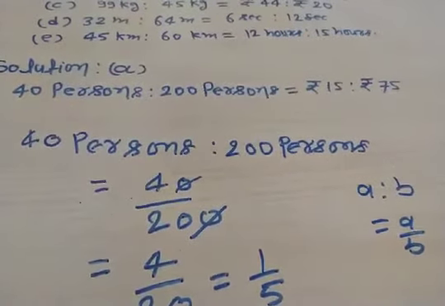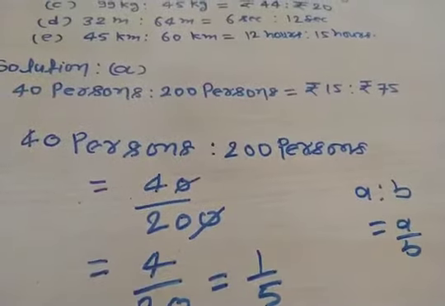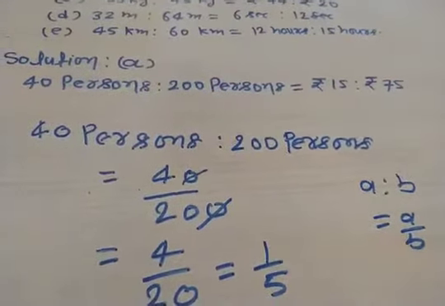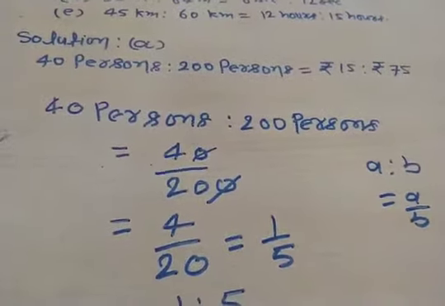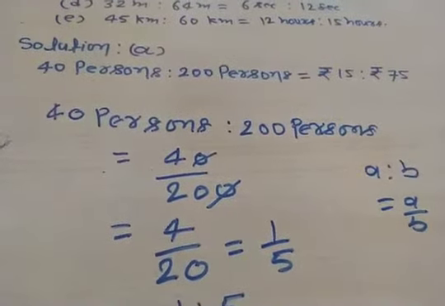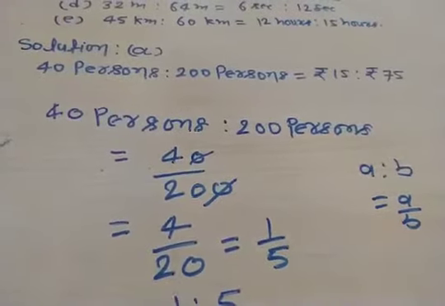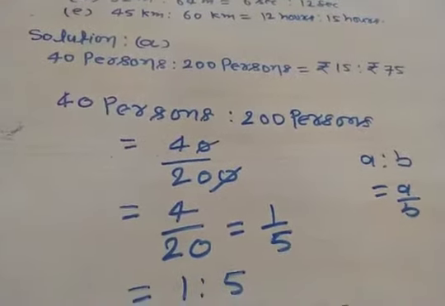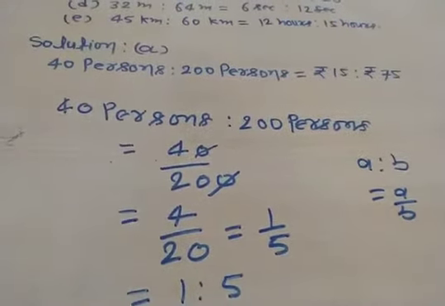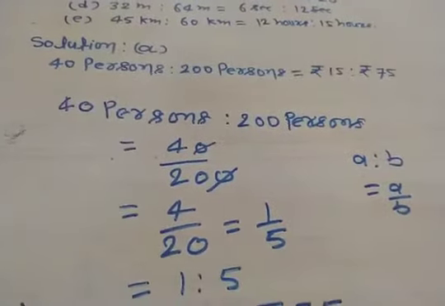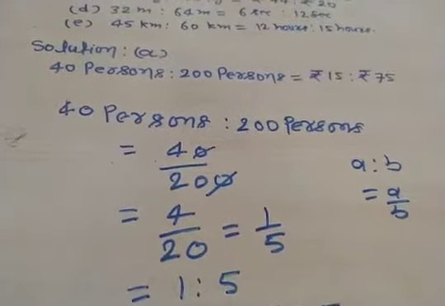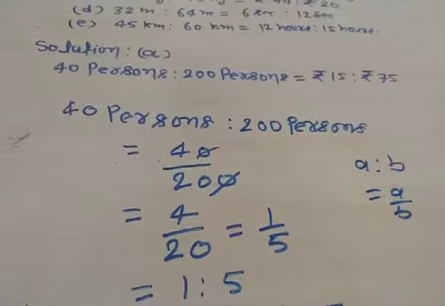This is 40% ratio to 100%, and we convert it into fraction form, 40 by 200. The simplified form of this is 1 by 5. It means that 40% ratio to 100% is equal to 1 ratio 5.